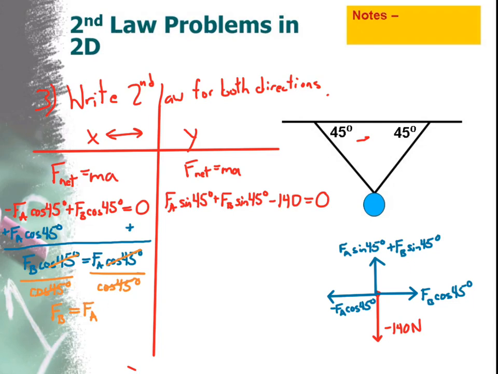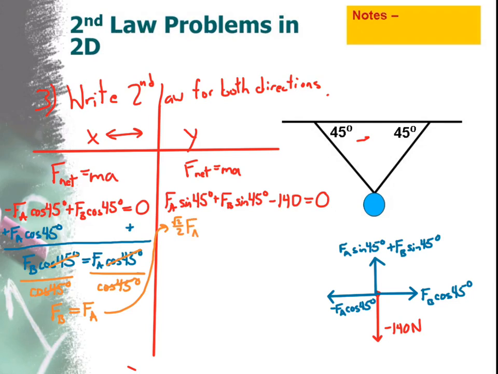Well, what is that tension? How can I figure that out? Well, what I can do is take this equation, f sub b equals f sub a, and go over here, and everywhere I see an f sub b, I'm going to substitute the other side of this equation, which is f sub a. So, let's do that.